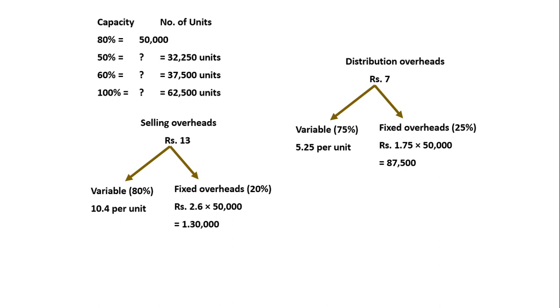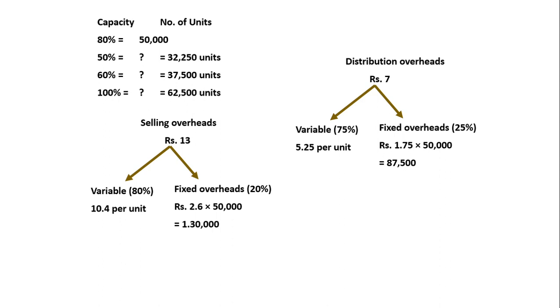So total distribution fixed overheads comes 87,500. Hope you can understand the calculation very easily. So bifurcate into fixed and variable, then find out how much is variable and how much is fixed, and as per this basic calculation find out the total cost.